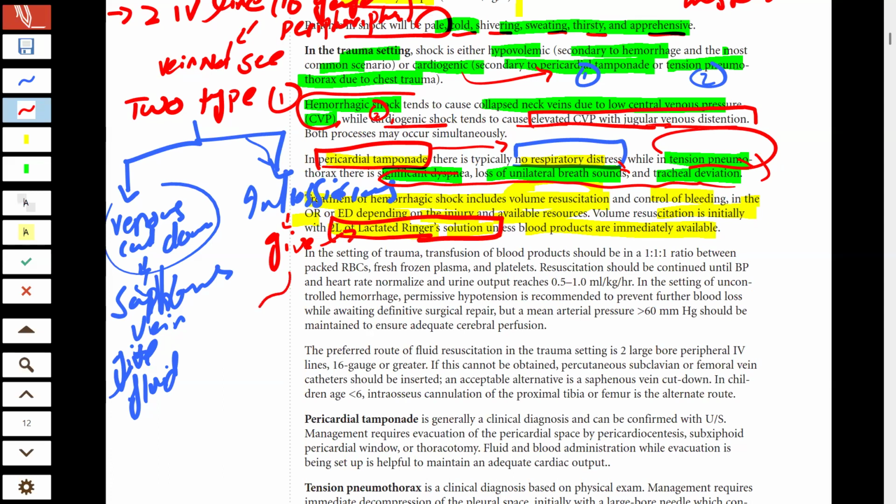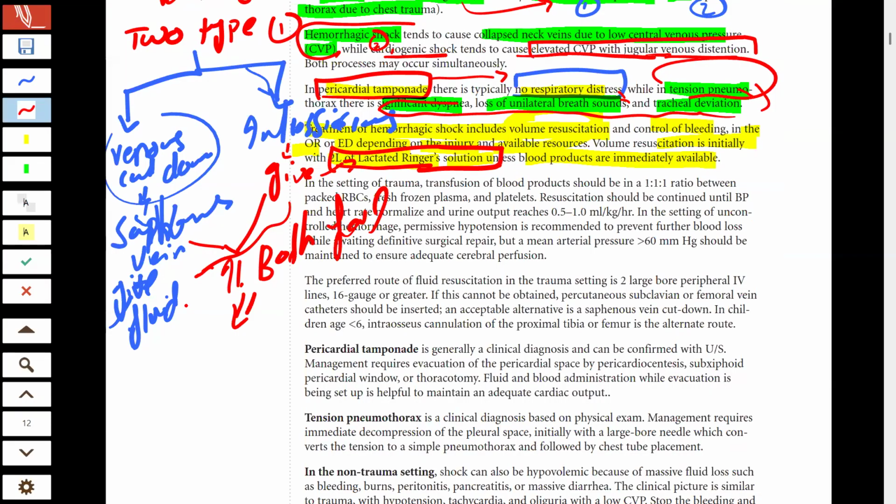If, for example, you fail to resuscitate through both veins, if both fail and you are not able to find the vein, then what is the next step?